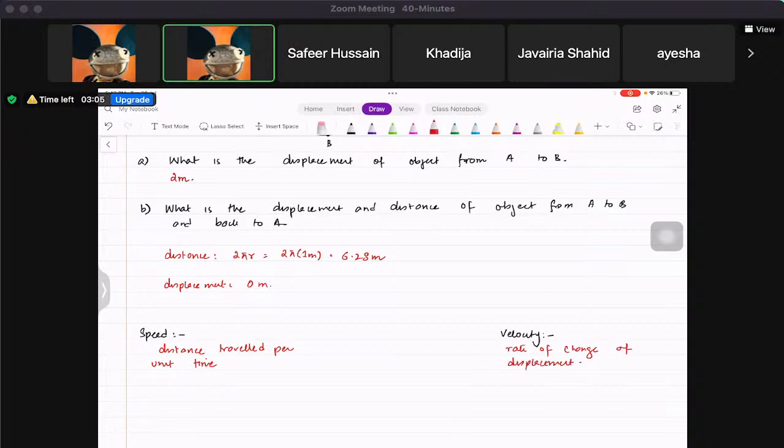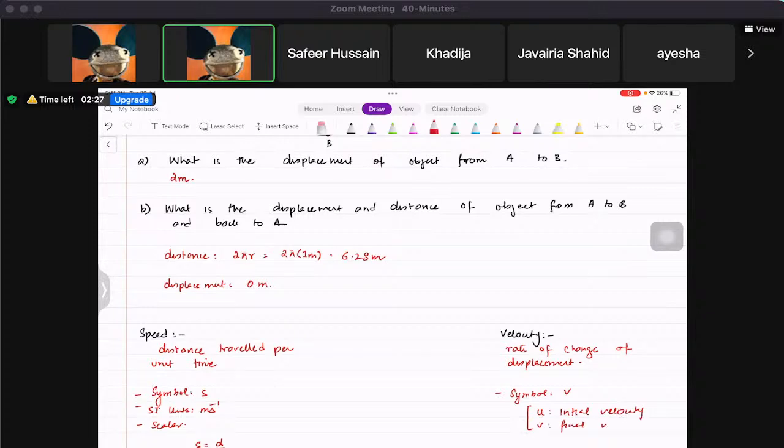Now, symbol for speed is S. SI units, meters per second, and this is scalar. The formula you generally use is distance upon time, and here the symbol for velocity, generally it's V, but you can use U as well, because a lot of people use U as initial velocity and V as the final velocity.